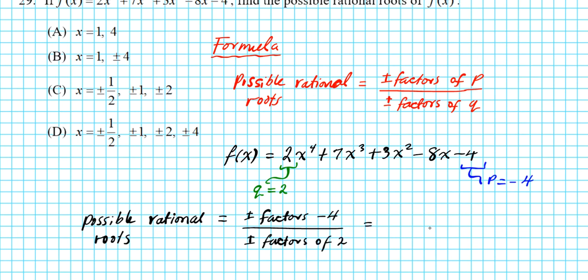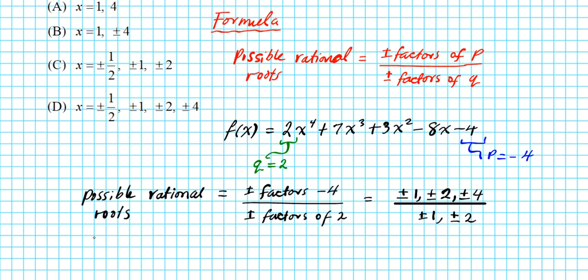Okay? So, what are the factors of negative 4, the positive and negative factors? We have plus or minus 1, plus or minus 2, and also plus or minus 4. We're now going to divide that by the positive and negative factors of 2. Factors of 2 are plus or minus 1 and plus or minus 2.